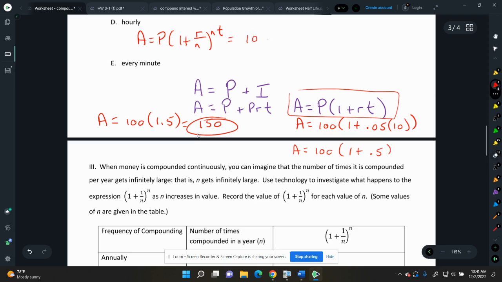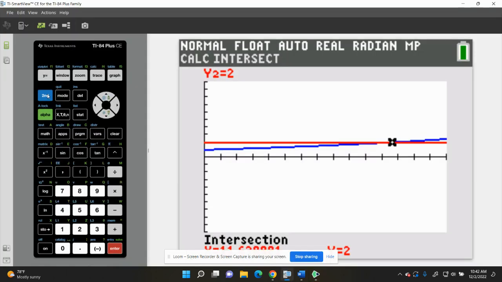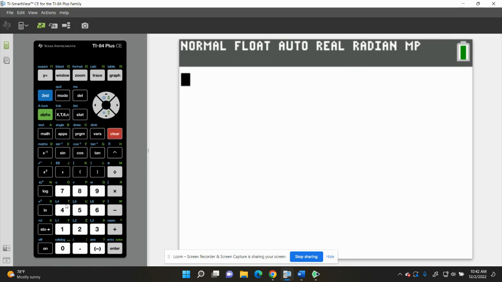So that's $100 times 1 plus 0.05 divided by 1, because it's annual, to the 1 times 10. So it's a little bit different. Instead of multiplying by 10, we're raising to the power of 10. Okay, so 1.05 to the power of 10.